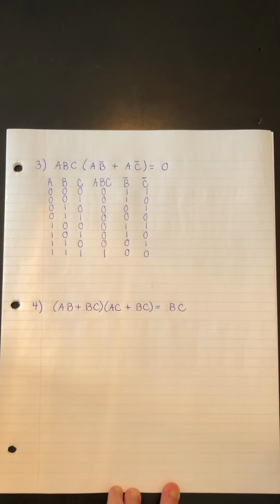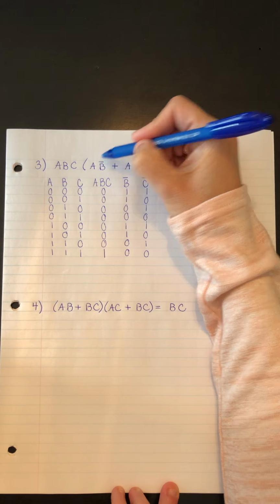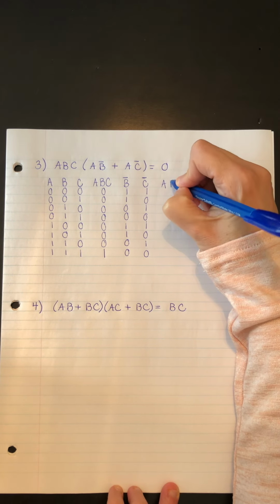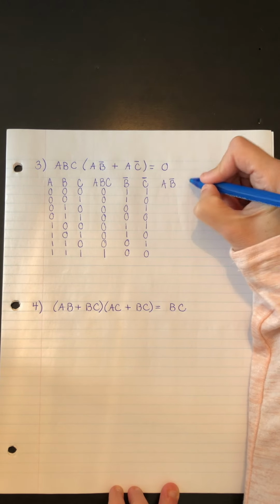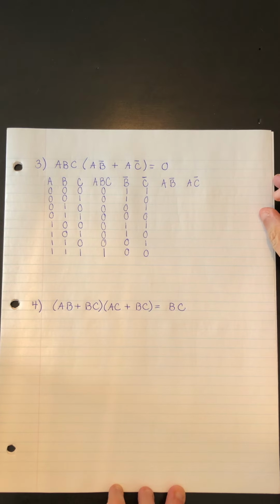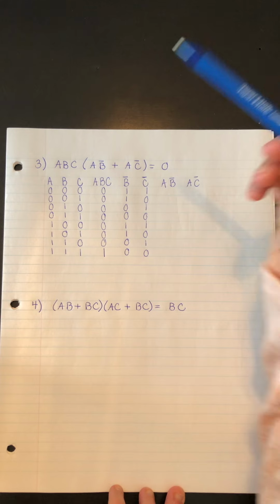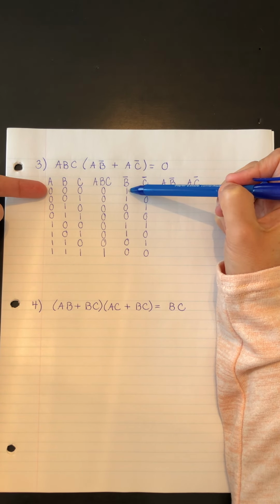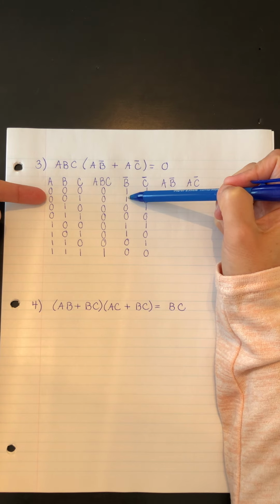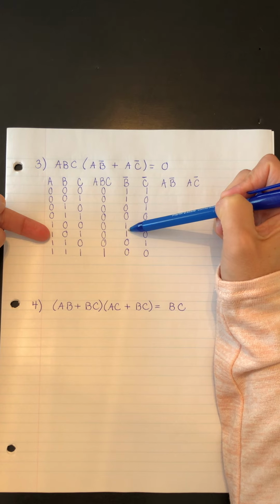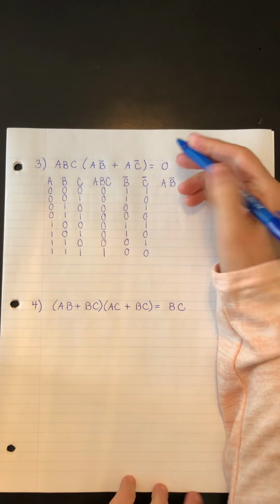Okay, now that I have those, I can do these little pairs. So this AND gate, A times B0, and this AND gate, A times C0. So those will be my next 2 columns. So let's multiply A by B0. So here's A and here's B0, and we're multiplying these numbers together. So 0, 0, 0, 0, 1, 1, 0, 0.